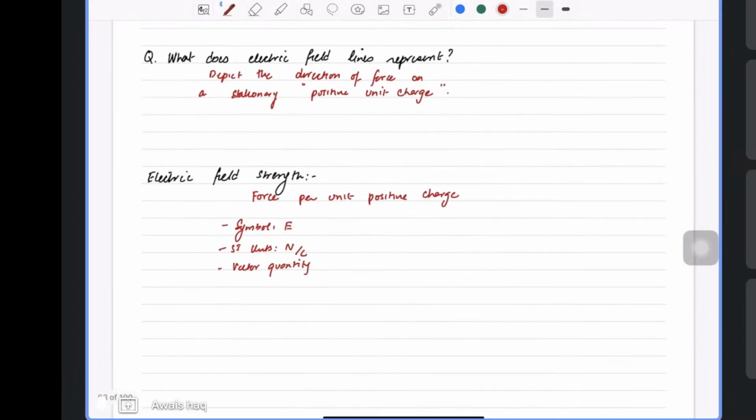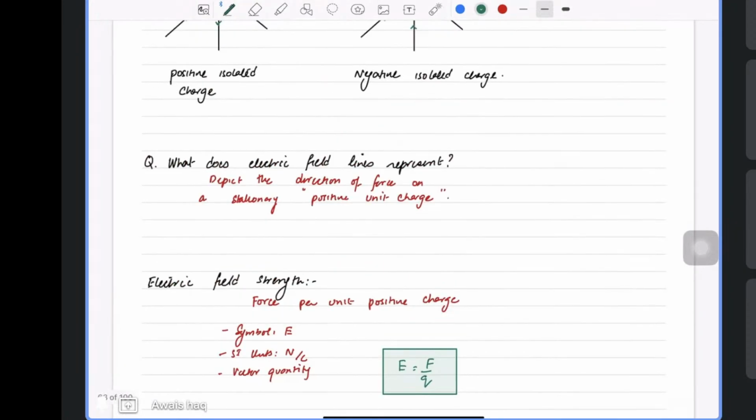So you can write electric field strength as E equals force per unit charge, and that would be the formula, like that. If you have any questions, please let me know.